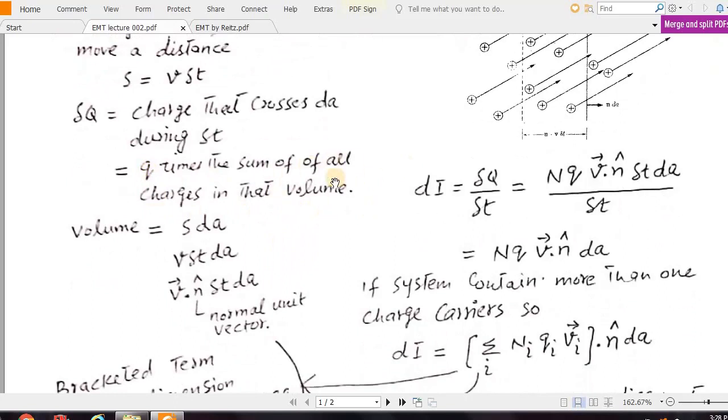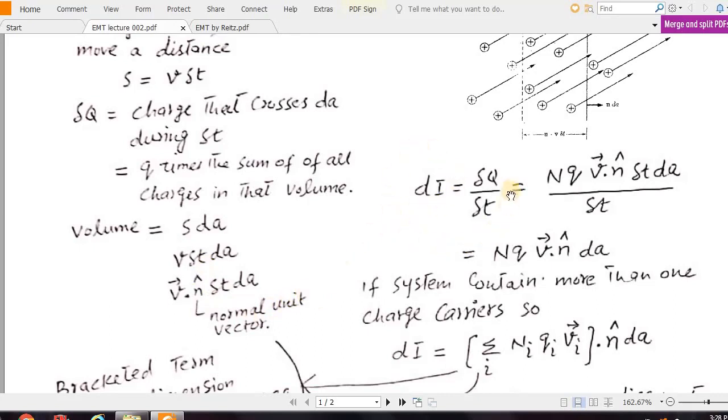Here the volume is written as the product of s and dA. s is replaced by v into delta t, and dA in vector form is represented as v vector dot n unit vector into delta t and dA. Here n is the normal unit vector drawn on the surface.